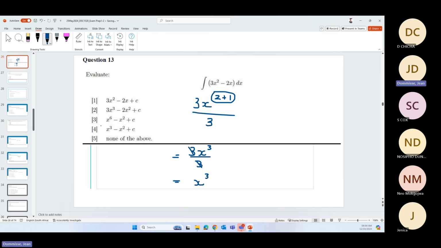So if I look, and that's why I say I don't like this none of the above, because again, for timing in your exam, you've now done this, so you can see, okay, it's not that one, it's not that one. I don't know how they got to x to the power of 6. Let's not even try to go there.